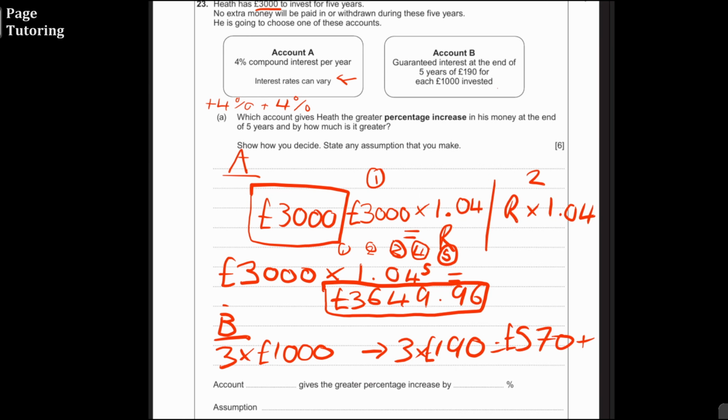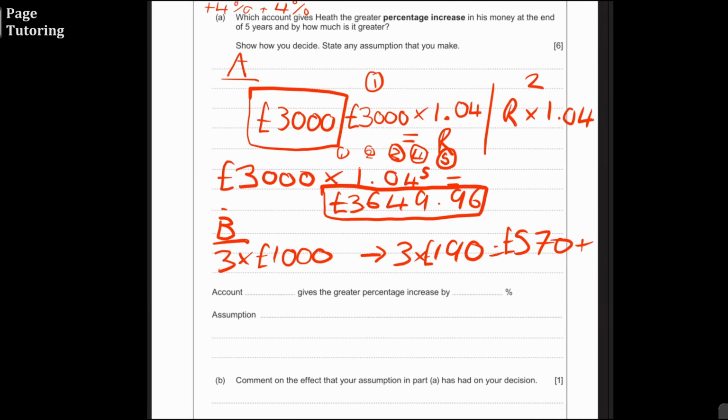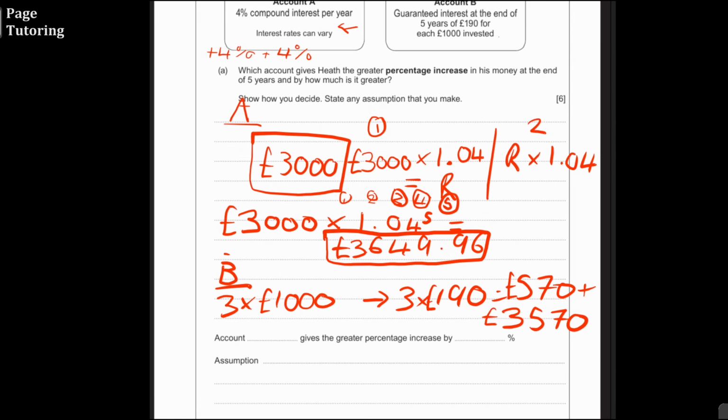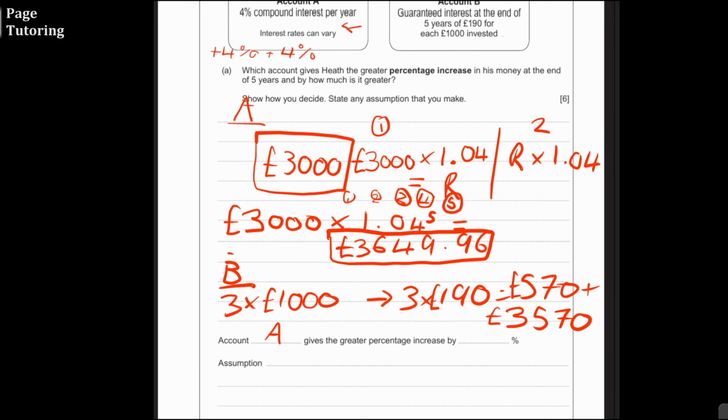So if we add that onto our original amount, so that would be £3,570. Nice easy calculation there. So we've worked out how much we'd get for B, we've worked out how much we'd get for A. So now we can visually see that account A gives the greatest interest. It's 650-ish quid, the other one's 570.